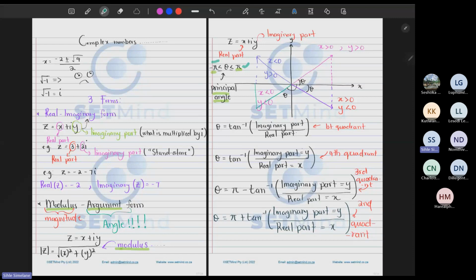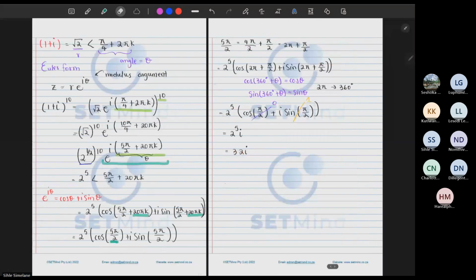You use exactly what I gave you above here, all these details. Depending on the quadrants, if you apply them right, you will get the principal angle. Anyone in the meeting who has a question? And this here also, Euler form or Euler relationship, it is very important.